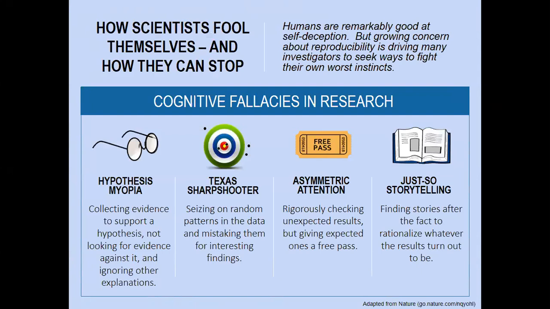Don't get to the point that you're so convinced that your hypothesis is right that you've lost your open-mindedness. That's one thing that people argue is going on in the literature, is you are so convinced that you will not even consider another possible explanation for what you're observing.